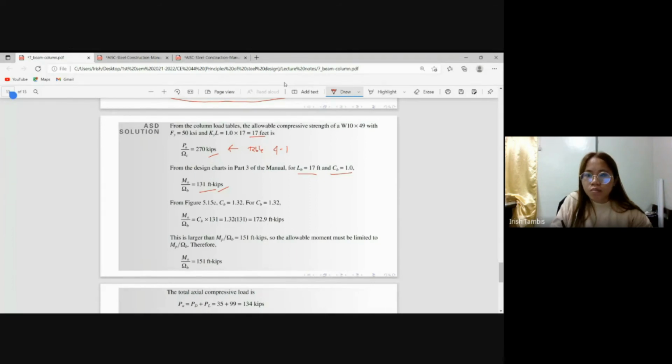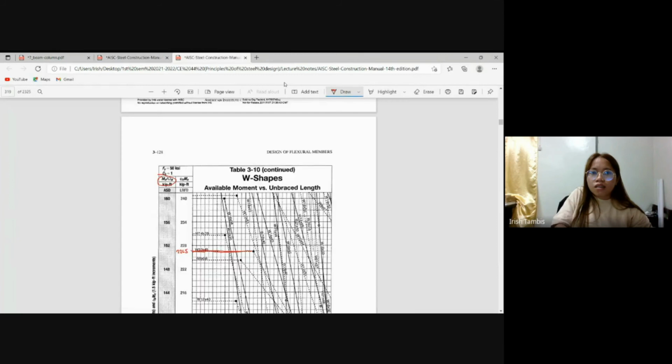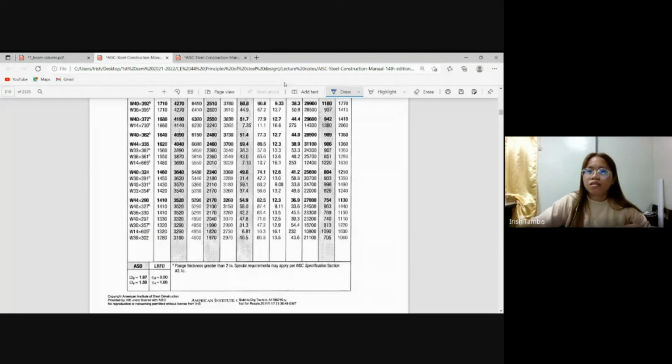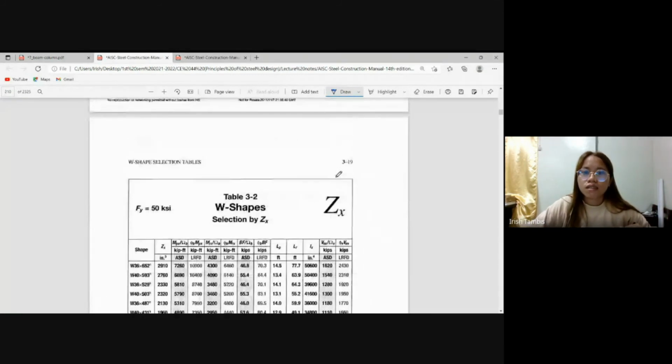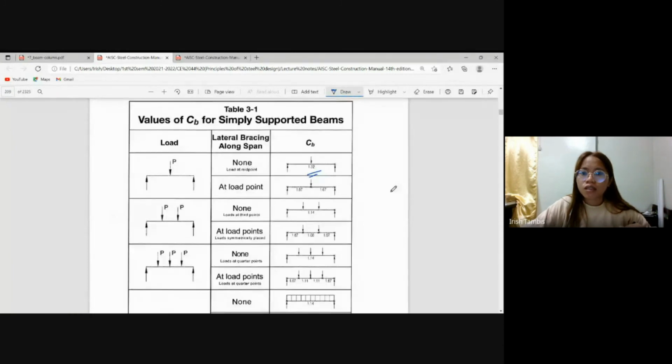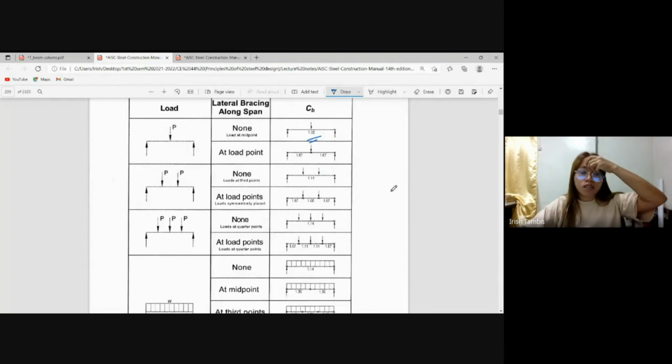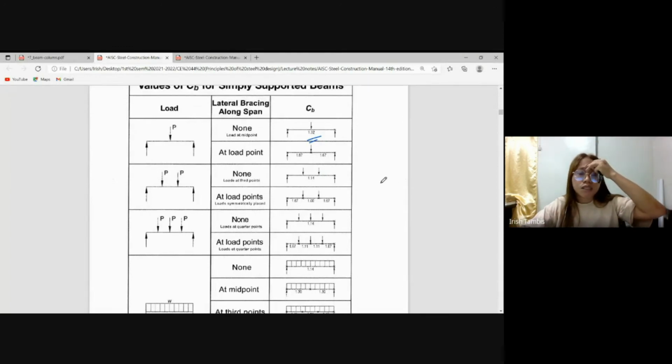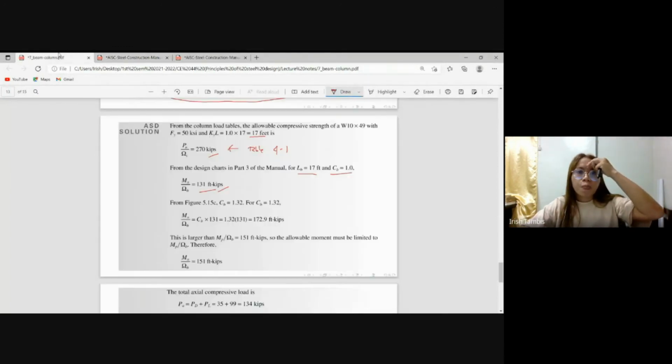For the simply supported beam, then loaded at midpoint. This is table 3-1. Load at midpoint, the C sub B is equal to 1.32 for the moment gradient.